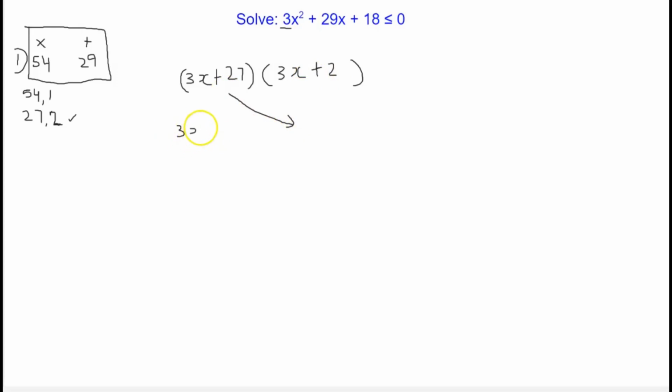So leave 3x plus 2 as it is, divide this by 3, that would give me x plus 9, and all this is less than or equal to 0. So x here would equal minus 2/3 because 3x would equal minus 2, x would equal minus 2 over 3, and x here would equal 9. Oh, sorry, minus 9.